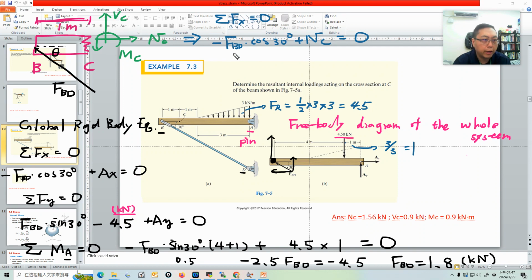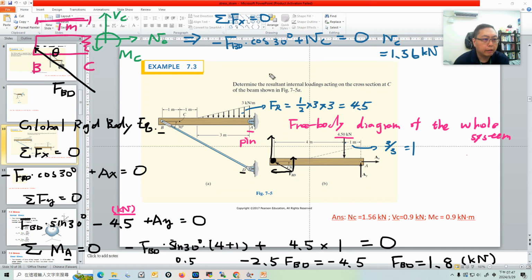So it's easy to get NC: 1.8 times cosine 30 degrees is 1.56. So NC is equal to 1.56 kilonewton. I think it's the same as the answer. Initially we assumed it points to the right, so it really points to the right.